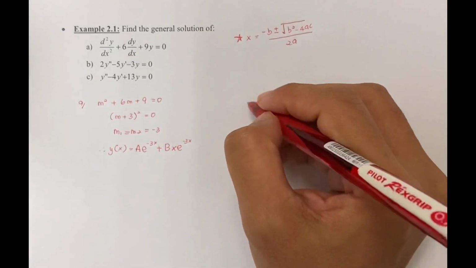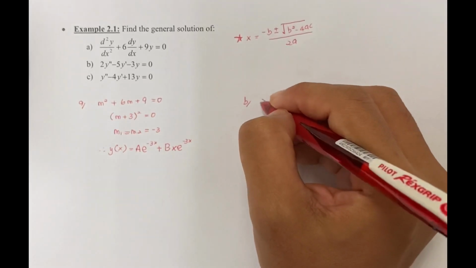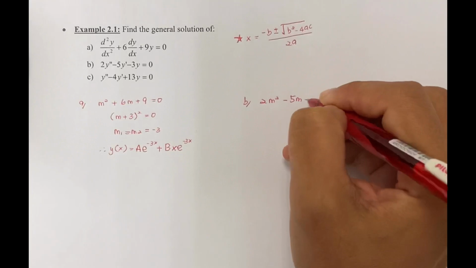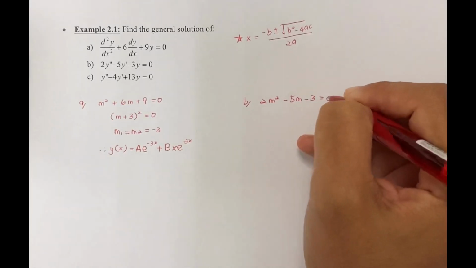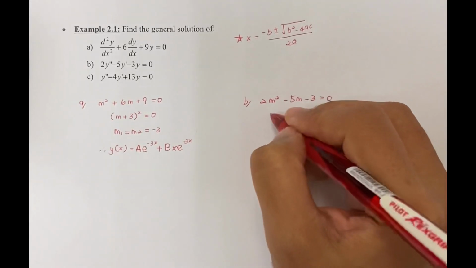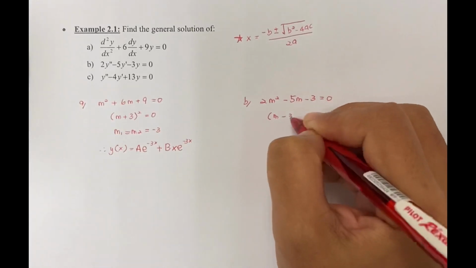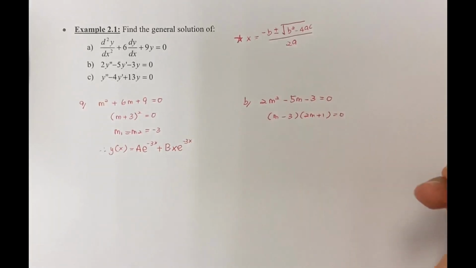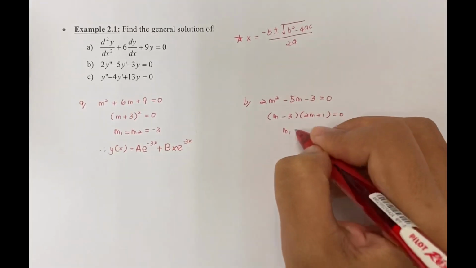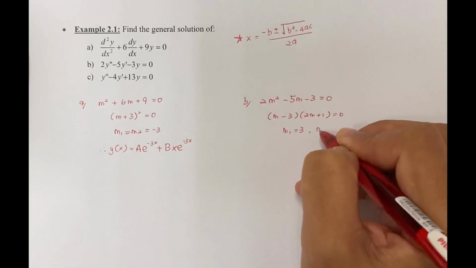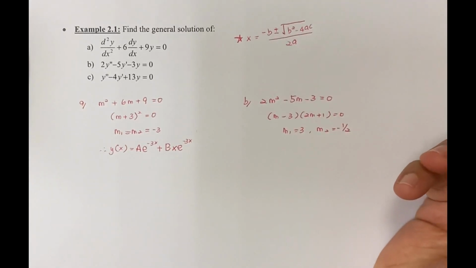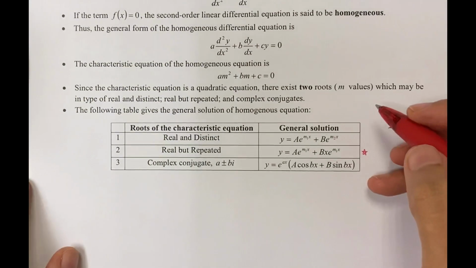Now moving to B. For B, we have 2m square minus 5m minus 3 equal to 0. And the roots are, by factorization, (m minus 3)(2m plus 1) equal to 0. So m1 is 3 and m2 is equal to negative half. So for this example, this is the first type of roots.